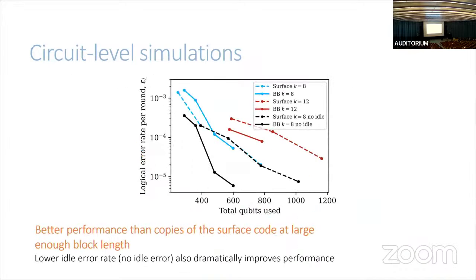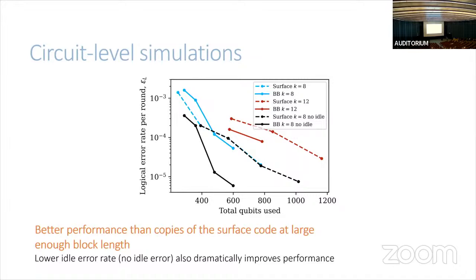Now, if we plot the logical error rate versus the total space overhead that we use in the scheme, we can see that these BB codes implemented are outperformed by surface codes at small enough sizes. However, if we scale up, eventually we start to see better performance out of them than the surface codes.